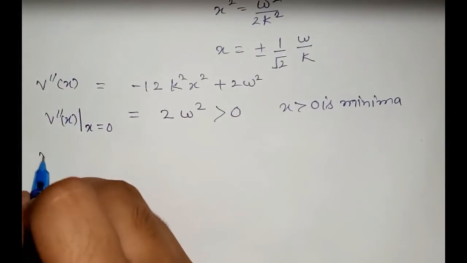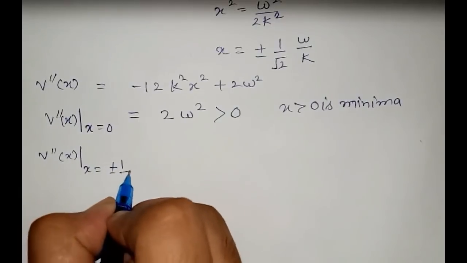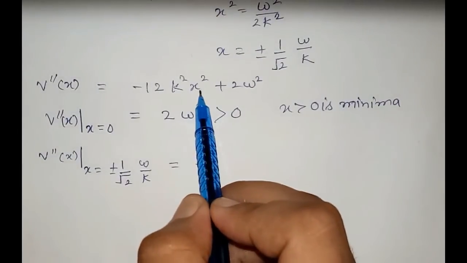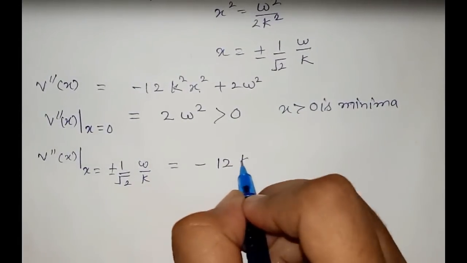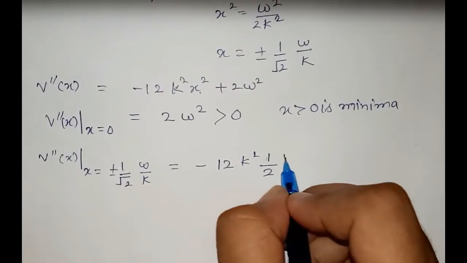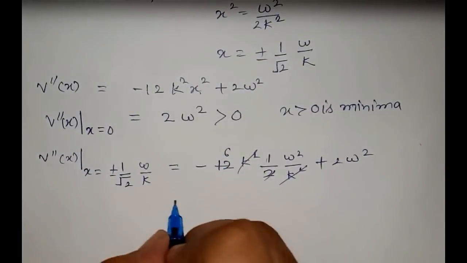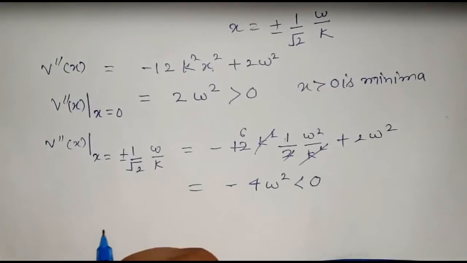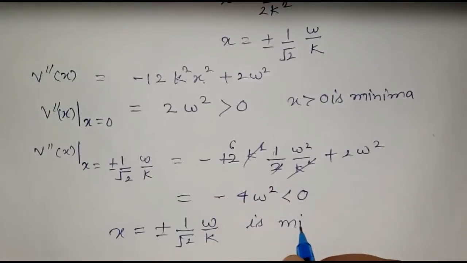Now for maxima, the double derivative of potential at x equal to plus minus 1 upon root 2 omega upon k. Put the value here: x square is 1 upon 2 omega square upon k square. The answer is minus 12 k square times 1 upon 2 omega square upon k square plus 2 omega square. The value is minus 4 omega square, that is less than 0. So x equal to plus minus 1 upon root 2 omega upon k is maxima.